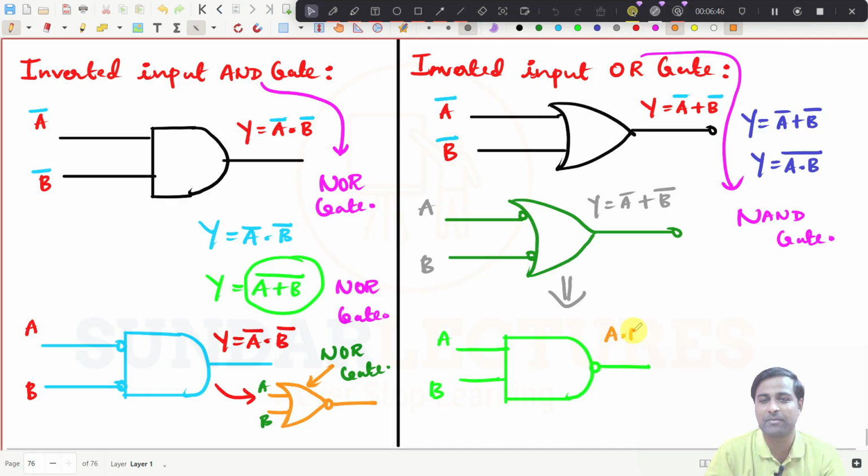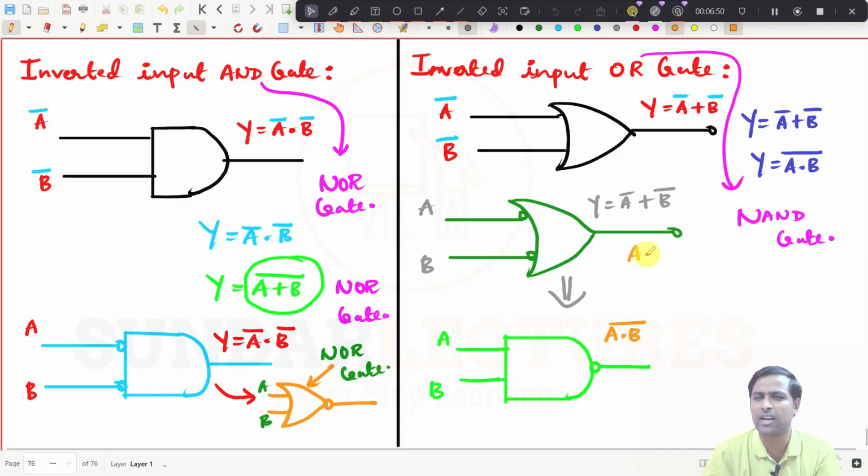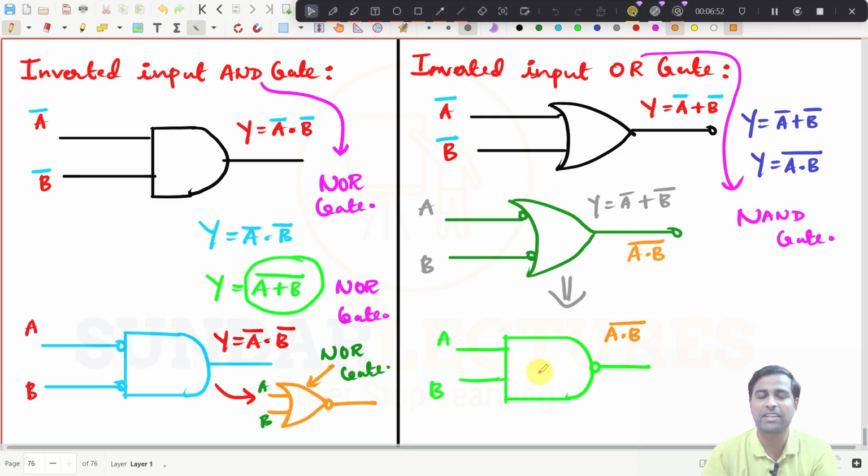This is A dot B whole bar, right? This is also A dot B whole bar, right? Can you understand what I am saying? So if I see anything like this, then I can replace this gate with the NAND gate. So an inverted input AND gate will give you a NOR gate, and an inverted input OR gate will give you a NAND gate. This is the whole idea, right?